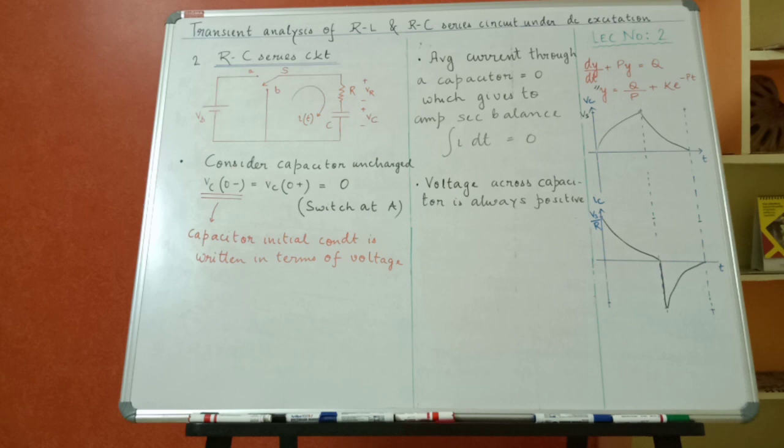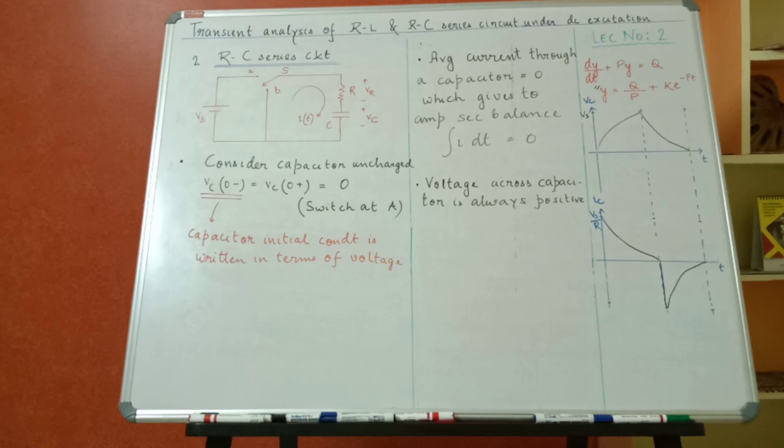If you recall the figure of the RL series circuit, the first figure was of IL, the current flowing through the inductor, but that same figure now becomes the voltage across the capacitor, because they are dual of each other, as I told you. The second figure in the rightmost column for the inductor was the voltage across the inductor. Now this becomes the current through the capacitor. Maximum values all remain the same, Vs by R.